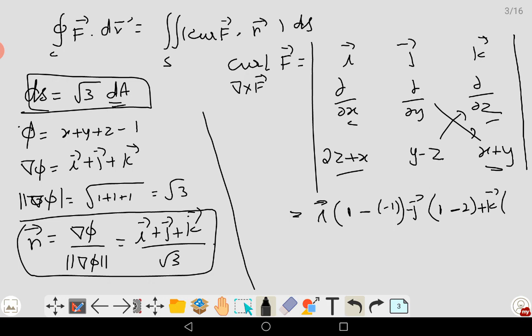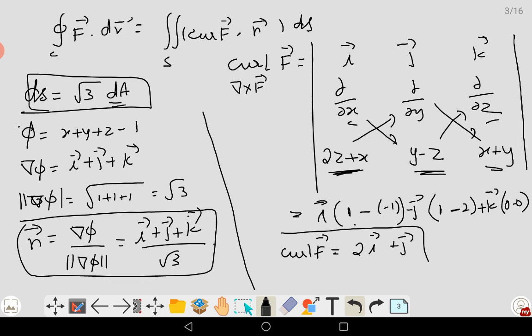Plus k vector, this and this: there is no x, so 0, there is no y, so 0. So 0 minus 0. Simplify this: 1 plus 1 gives 2i, plus j. This is curl f.